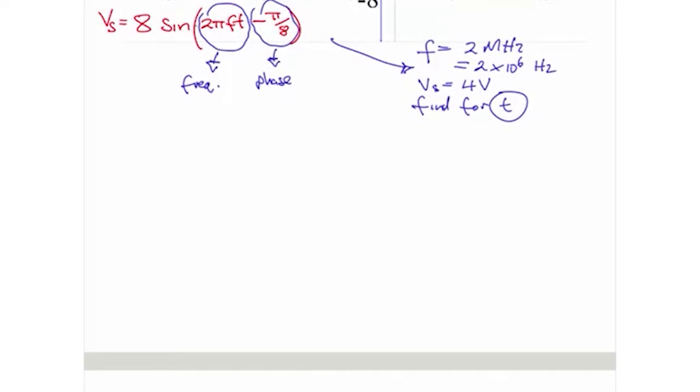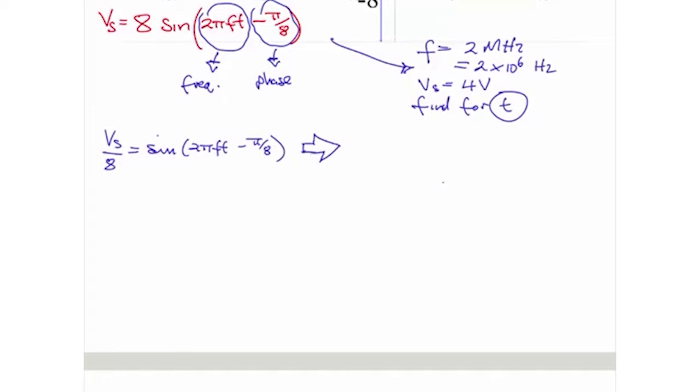Okay, so we're going to look at this whole thing, and we're going to start transposing. We've done transposition before a few times now on these videos, so divide both sides by 8. We start with Vs over 8 equals sine 2 pi ft minus pi by 8. Okay, move on a step further, save some paper.